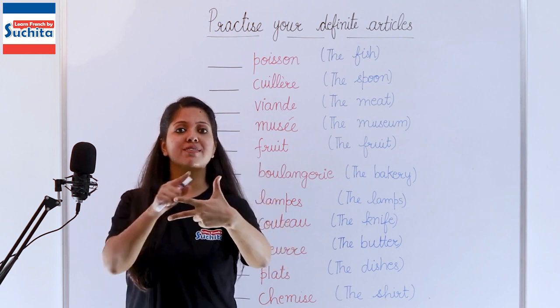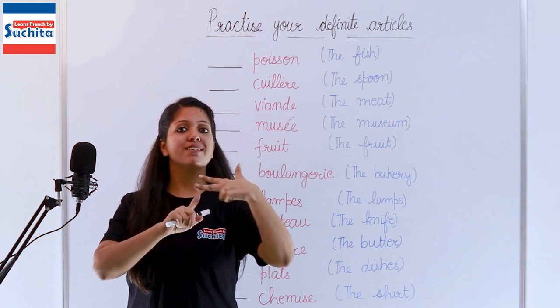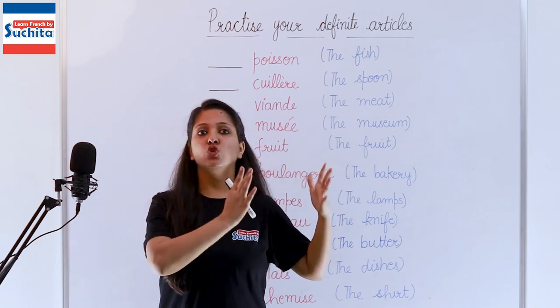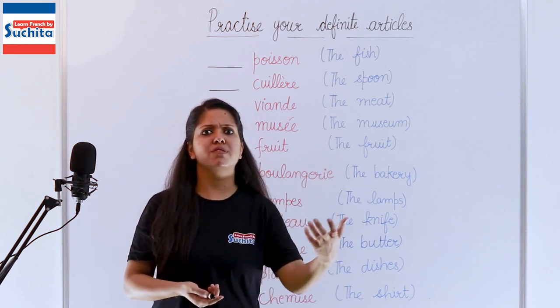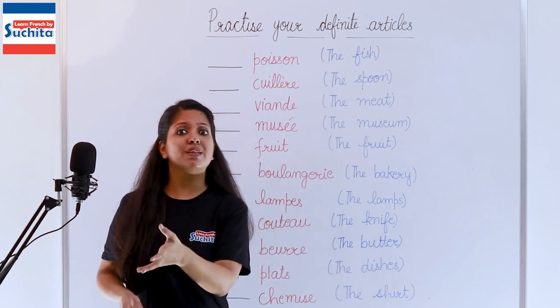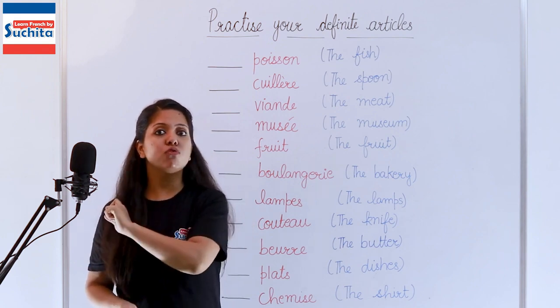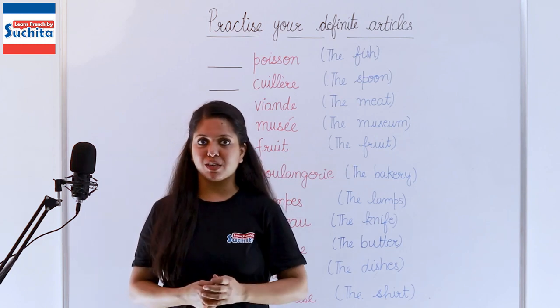Out of these, a and an are indefinite articles and the is your definite article. Indefinite articles you use for nouns which are not specific, like for example, this is a book. You do not know whose book this is. However, if you know that this book belongs to Sophie, you say this is the book of Sophie, because you are definite about that. So you use the definite article.